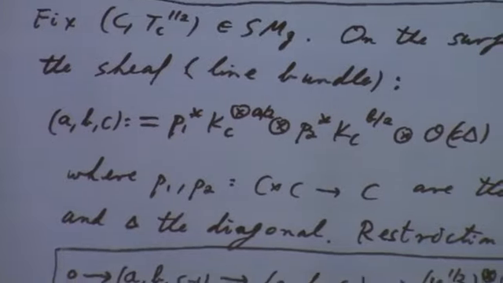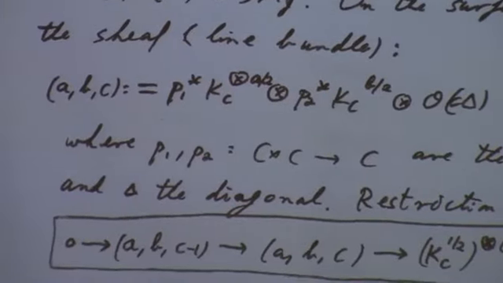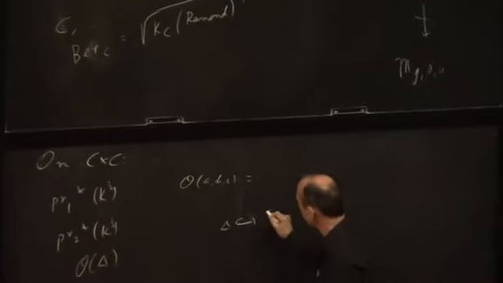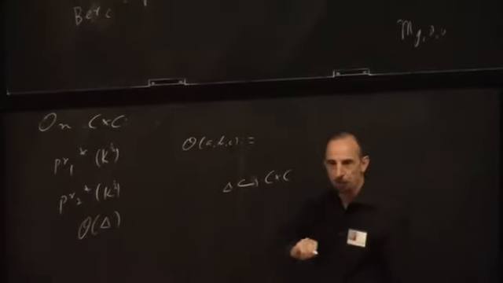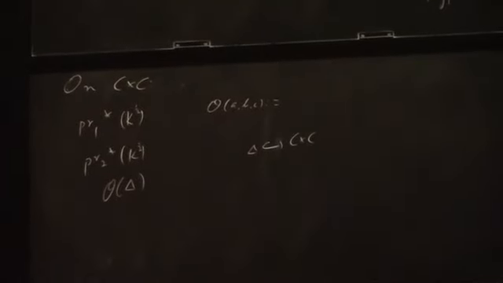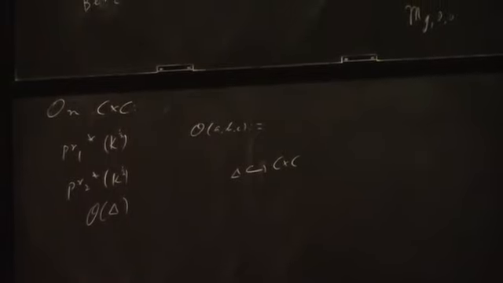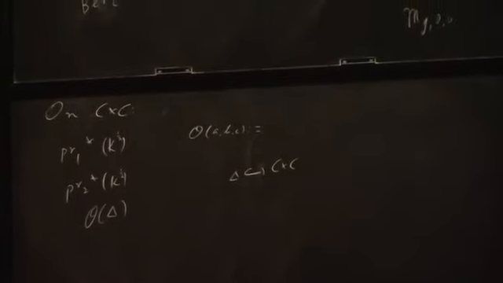Okay. So now, let's look at the restriction sequence. So we have delta sits inside C cross C. So I have the restriction, and here it is. It goes from O of ABC to something, and the kernel is O of A, B, C minus 1.